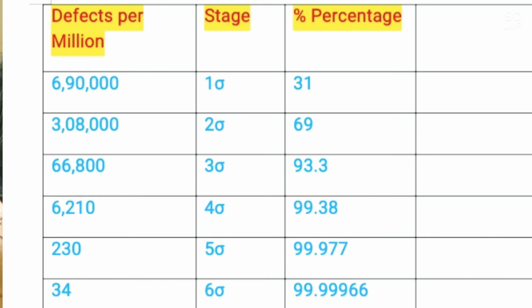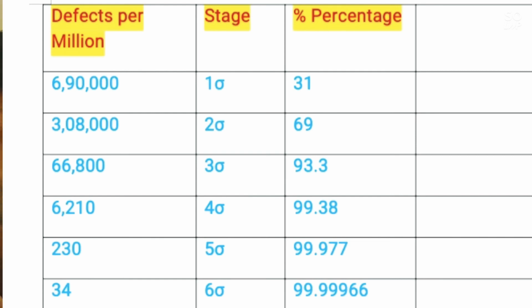Now look at 3 sigma level. If we follow 3 sigma level, what are the chances of defects per million? 66,800 defects per million. So the quality percentage is 93.3%. Again, it is very high, so we cannot use it in industry. And look at 4 sigma. 6,210 defects per million will be expected, and in this category the quality will be 99.38%.